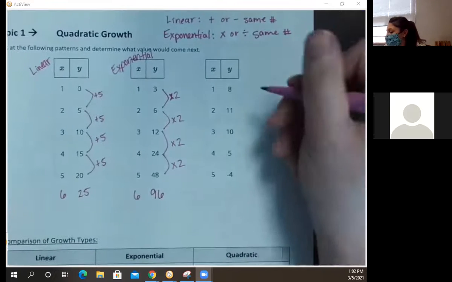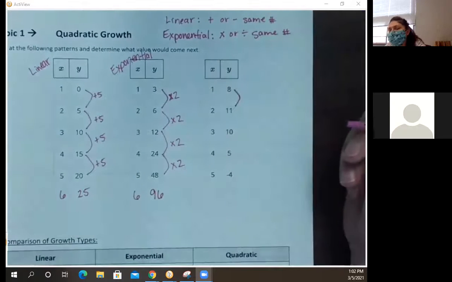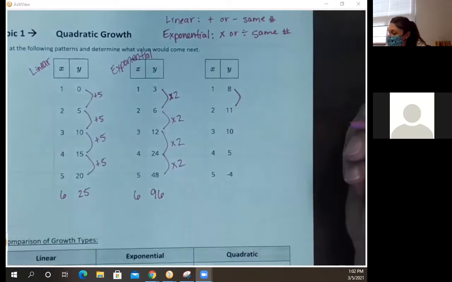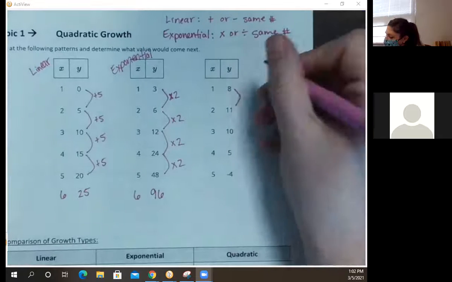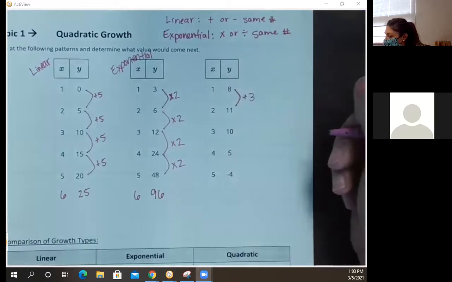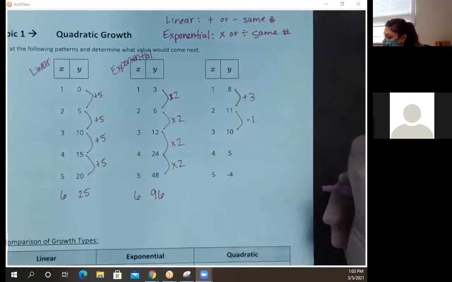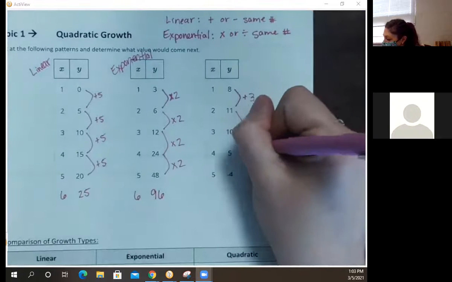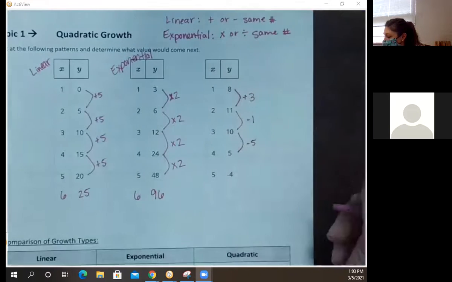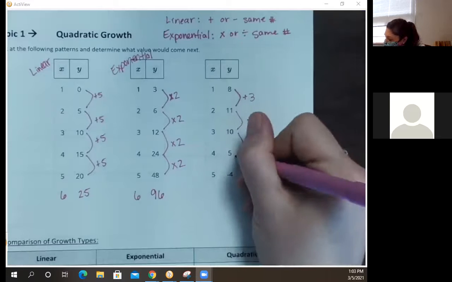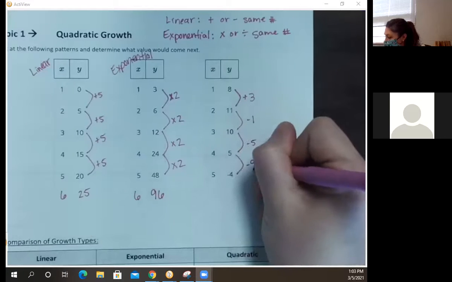So I want to take a look at what happens when I dig a little deeper on how these values are changing. So to get from 8 to 11, we said we have to add 3. Then to get from 11 to 10, I have to subtract 1. To get from 10 to 5, I have to subtract 5. To get from 5 to -4, I have to subtract 9.